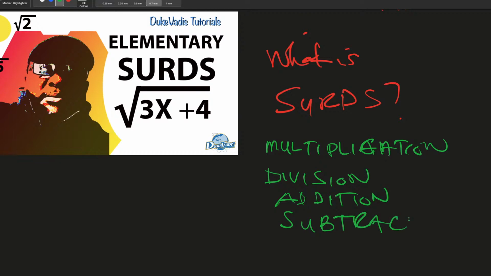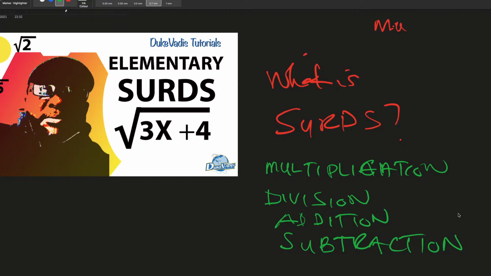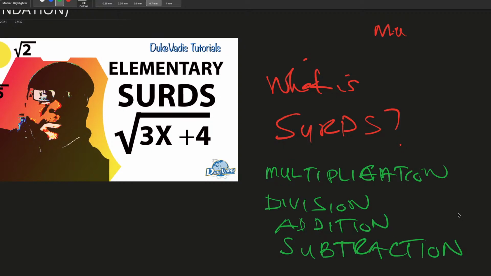So today we are going to expand on this multiplication, division, addition and subtraction.